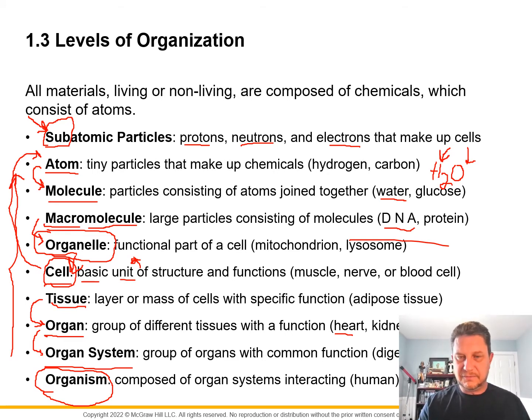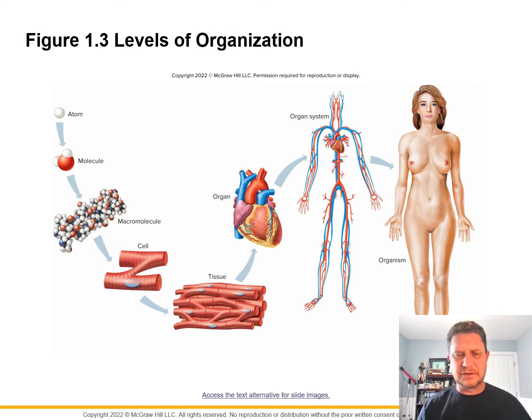So let's go forward. This picture is just showing basically the levels of organization that we looked at. Atoms form molecules, molecules make macromolecules, they make cells. You know, there's an organelle area in here. The cells work together for tissues, tissues work together for organs, organs work with a group of other organs for an organ system, and they make up the organism.